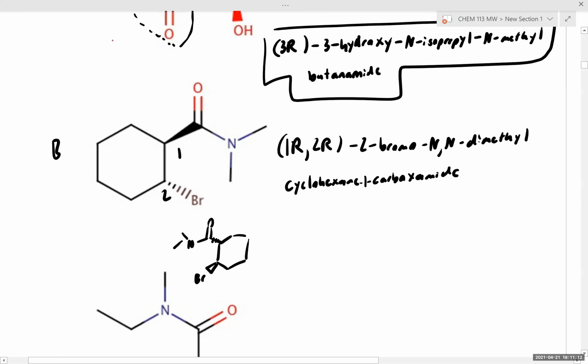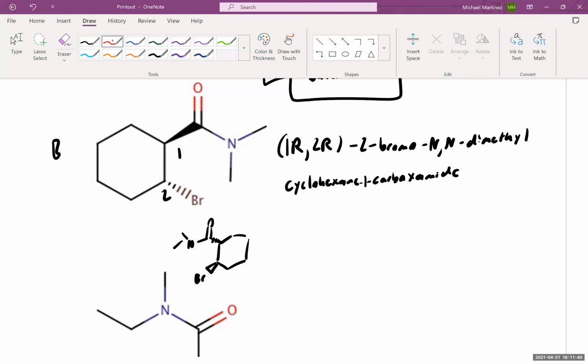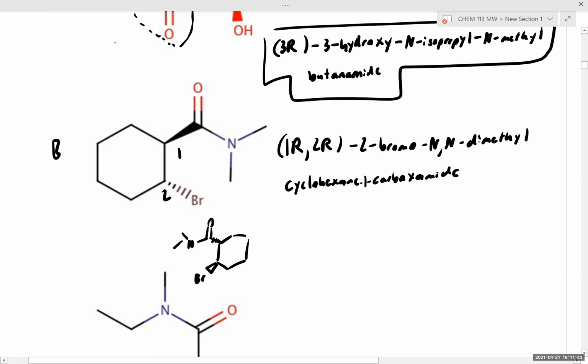Does that make sense? So looking at the stereochemistry, does anyone have a revision for the proposed stereochemical assignment?